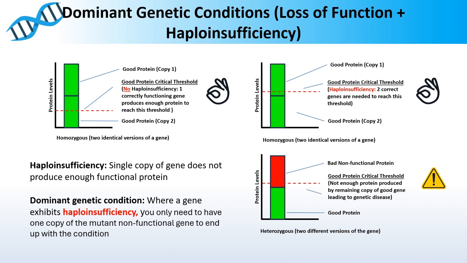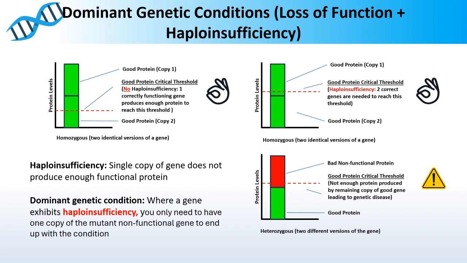So this situation is what we refer to as haploinsufficiency, and it applies to about 15% of human genes. So you can be heterozygous and have a functional protein that's still being produced, but there just isn't enough of it being produced from a single copy of a gene.